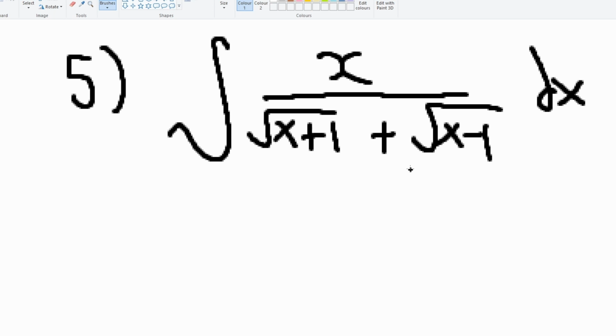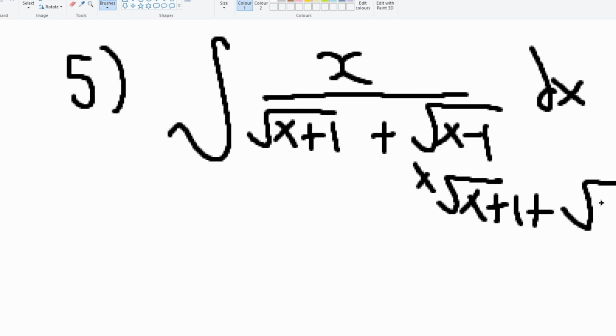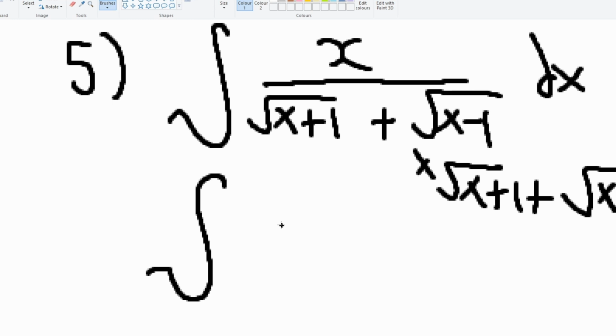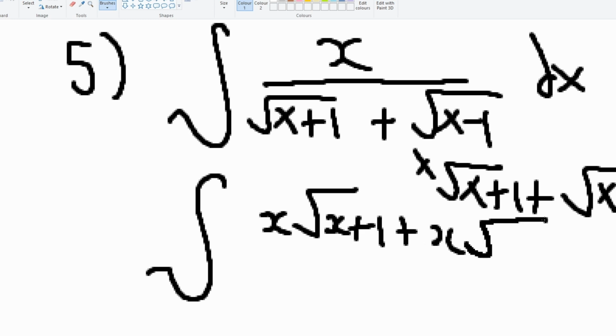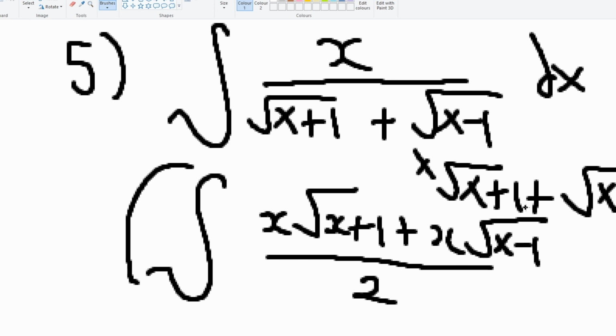So we're going to times both sides by square root of x plus 1 plus square root of x minus 1. So these will cancel out, right? And we'll just get the integral of x square root of x plus 1 plus x square root of x minus 1 divided by 2, right?